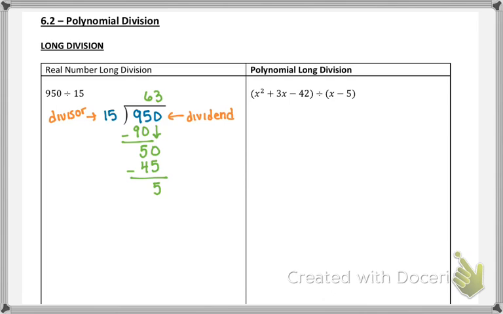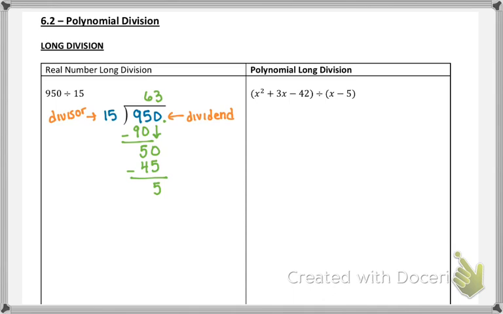And from there, some of you might recall, we just add a decimal here, and we add another 0, and we keep bringing it down, and we keep dividing. But if you do that, you're going to get the same thing. If I bring down a 0, it'll be 50, and then it'll be 3, right? 15 times 3 will be 45, and when I subtract again, I would have another remainder.